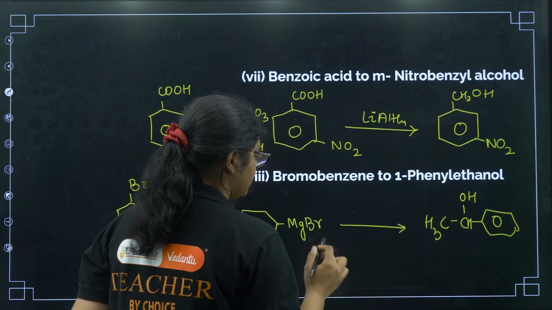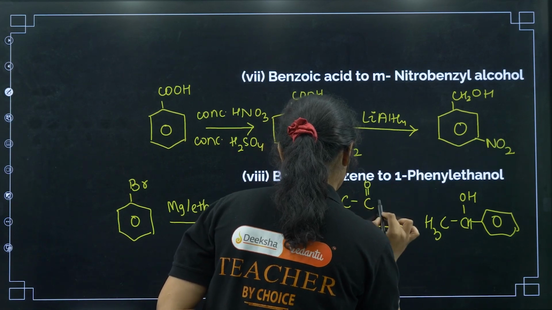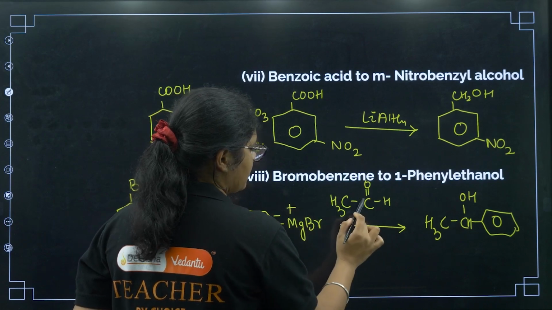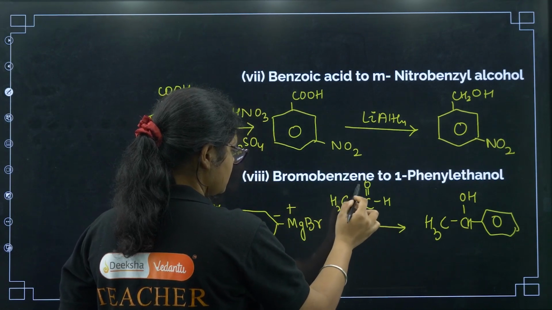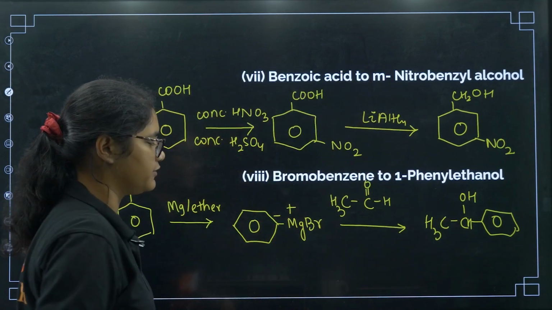After that you can treat it with CH3CHO. This one will be plus, this one will be minus, you attack on this one, and you take this OH group here. So you will get this group here, just by the attack of the Grignard reagent.